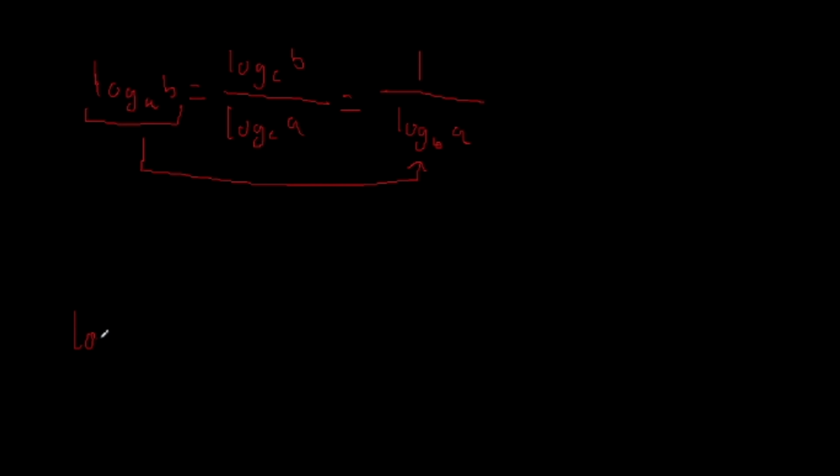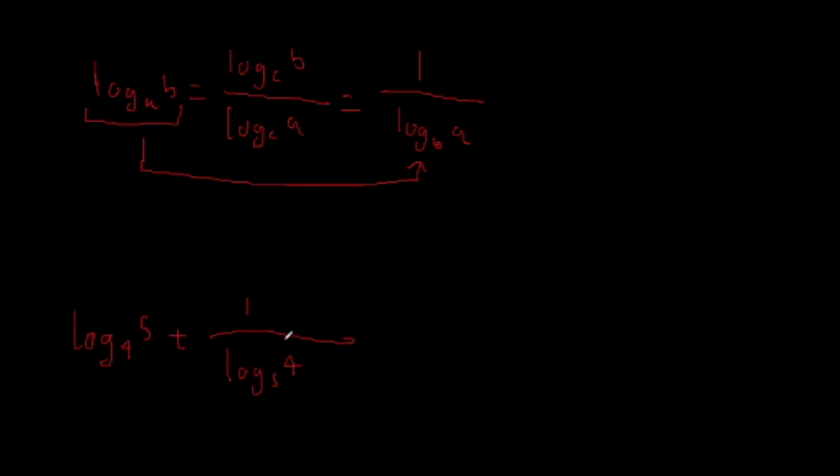But let's say we have log base 4 of 5 plus 1 over log base 5 of 4. Now, if you didn't know this rule, you'd be a bit confused, right? How do you solve this?